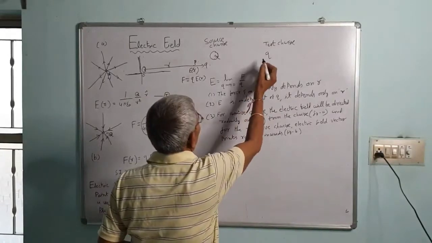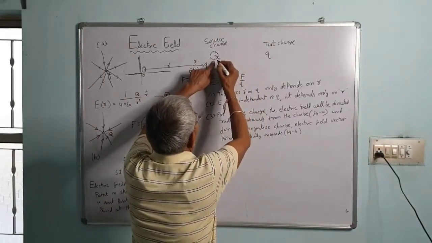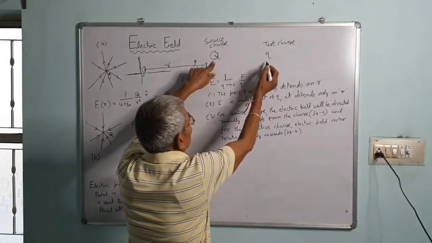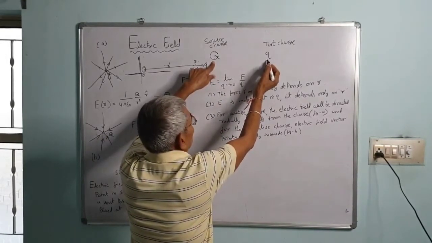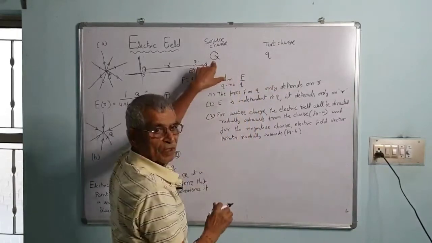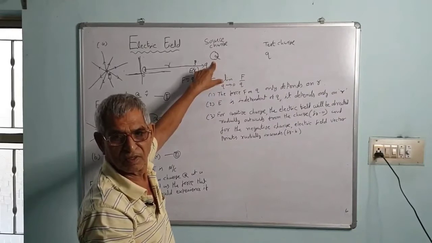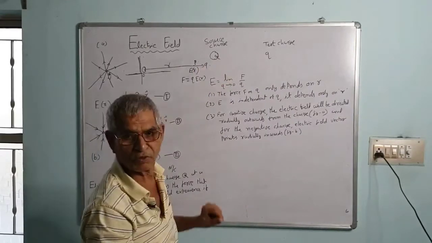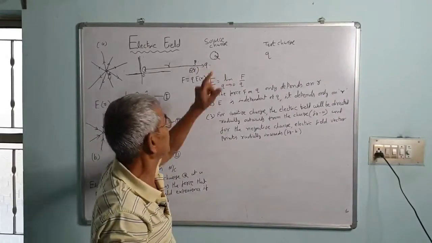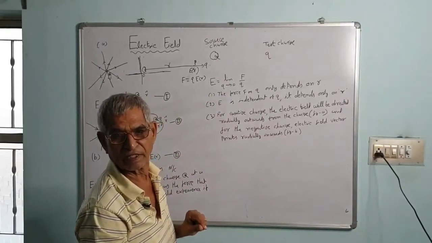But the source charge Q will exert force on q, and the small charge also exerts force on the capital Q. Then it will change the field of Q. Q will be displaced from its position; if it attracts, it will move.